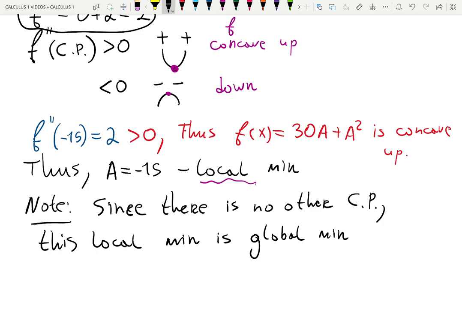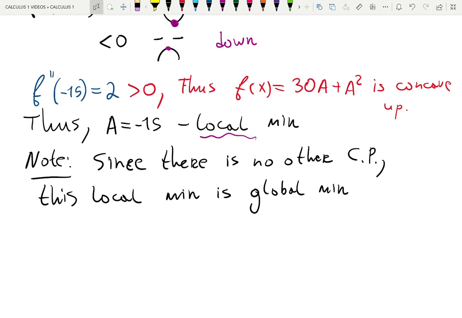Like so. And also you can check that the original function a squared plus 30a behaves like so. It's a parabola. I will even rearrange it for you: a squared plus 30a. That's a concave up parabola. So it is always going up from both sides.